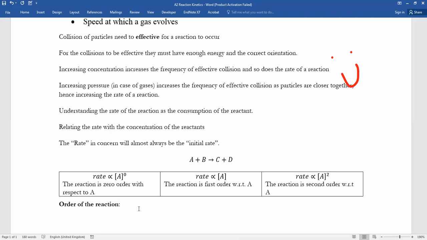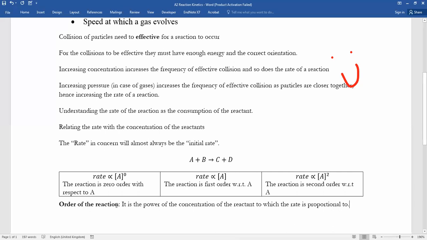The word for order is being used for what? Where do you see it? The word that I'm using for the order, where do you see it? The power. Very good. It is the power of the concentration of the reactant to which the rate is proportional.